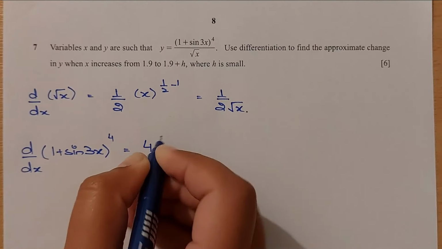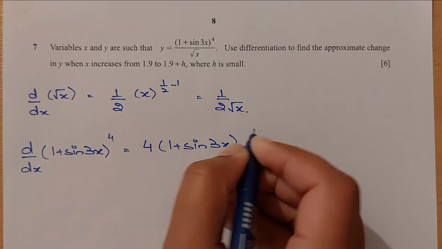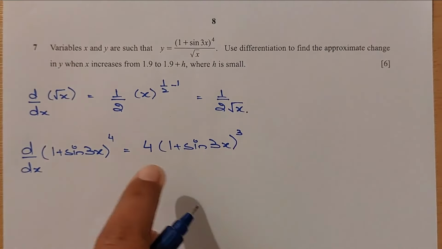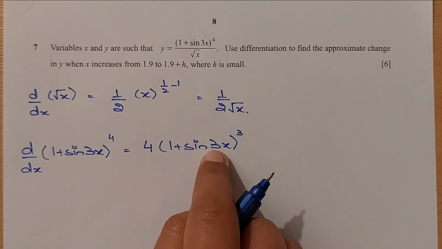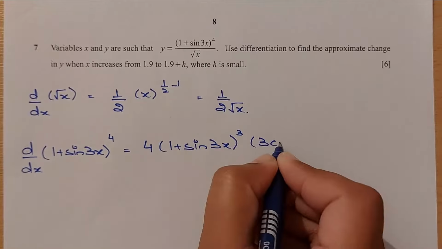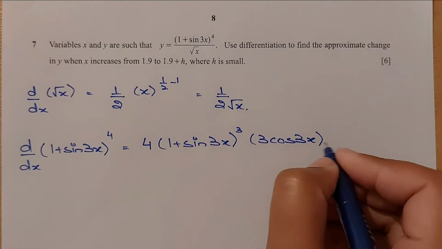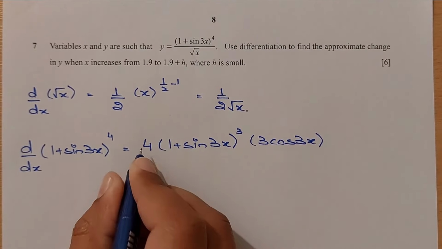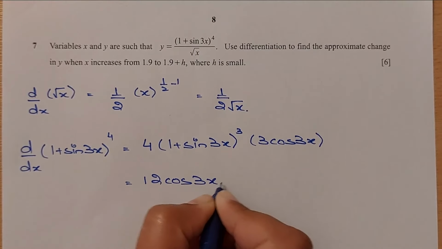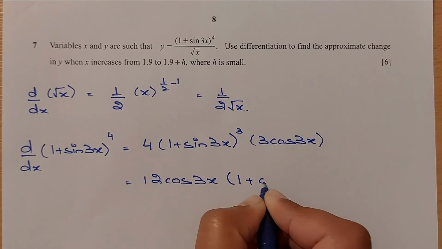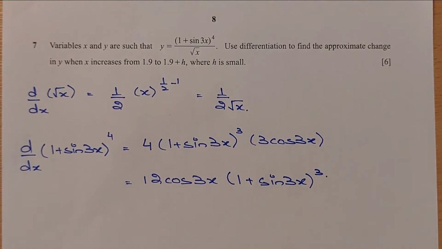So first we have a power rule, and then 1 plus sine 3x power n minus 1. 4 minus 1 is 3, and the derivative of 1 is 0. The derivative of sine 3x is 3 cos 3x, right? So this is equivalent to 3 times 4 is 12 cos 3x into 1 plus sine 3x whole cube, right?